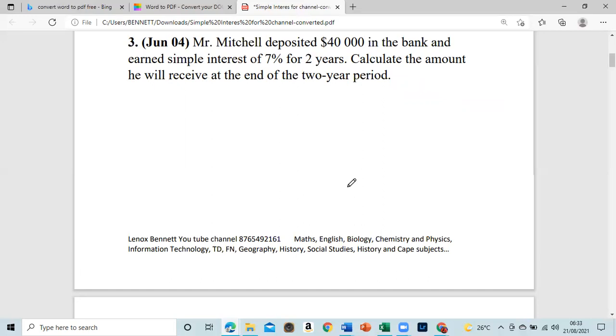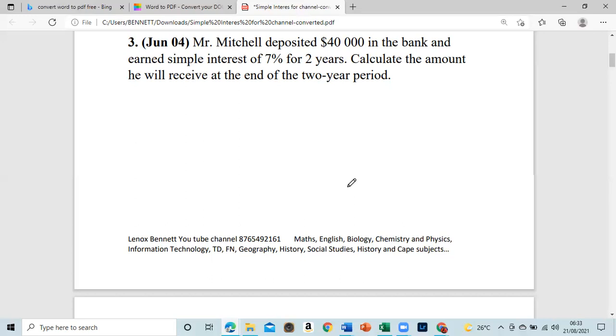Alright, so this one was June 04. That's 2004. Mr. Mitchell deposited 40,000 in the bank and earned a simple interest of 7% for 2 years. Calculate the amount you will receive at the end of a 2-year period. So this one now is a little bit different.